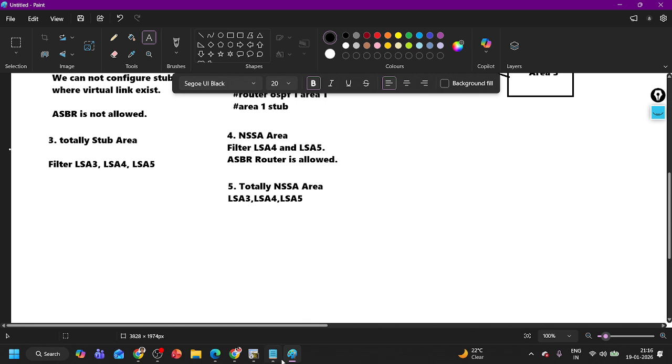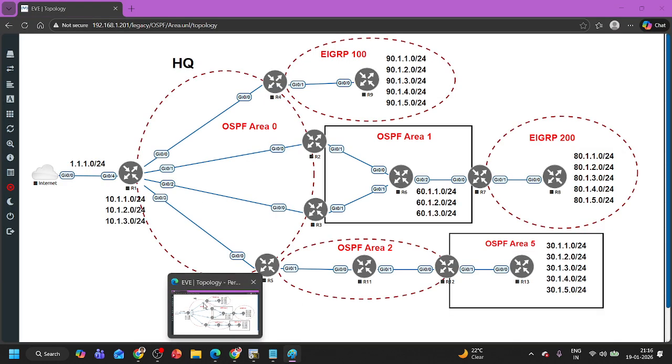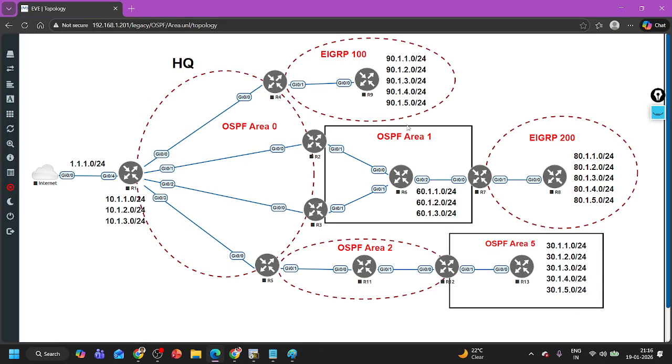Now in NSSA area, let's suppose my area 1 is NSSA area, so router number 7 is going to advertise all 80 subnets in the form of LSA 7. But Praful, what about area 0? Area 0 is a standard area, right?